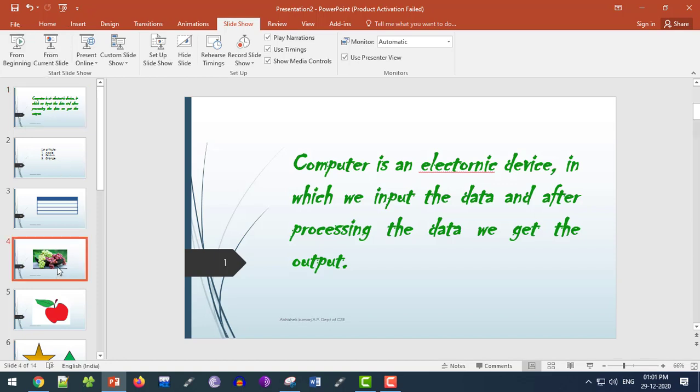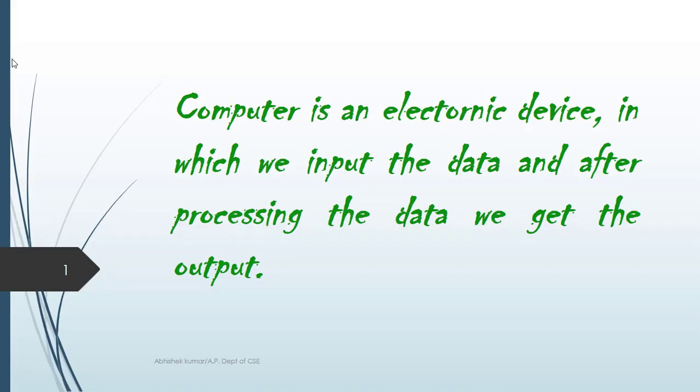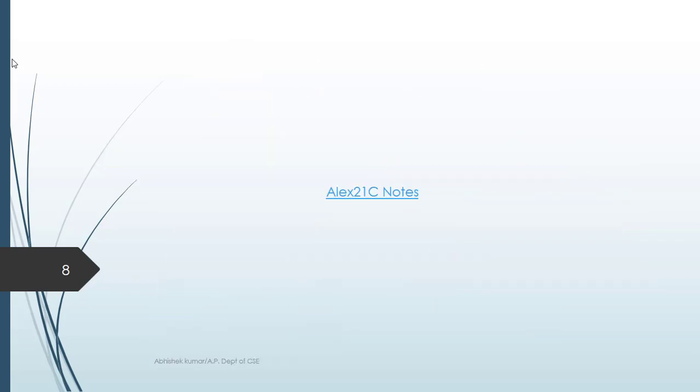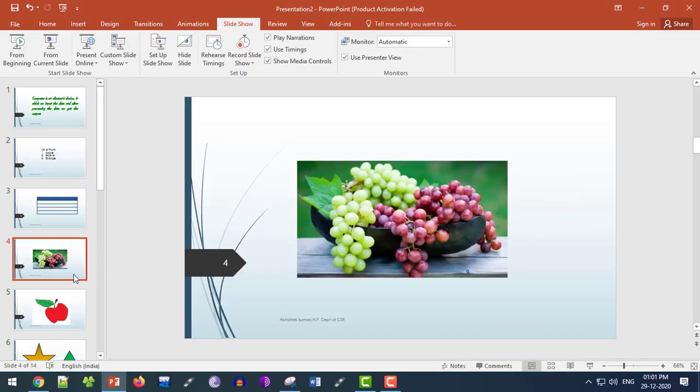So for example, this is the current slide, grapes, and if I choose from beginning, this is my slideshow running. So what I do, I just select this particular slide and I want to continue from this slide.